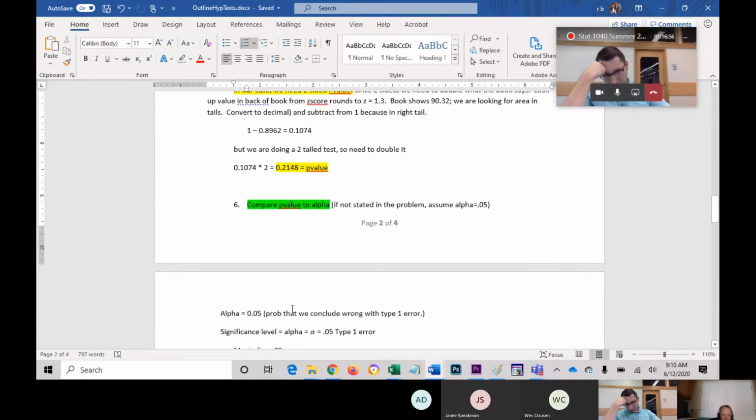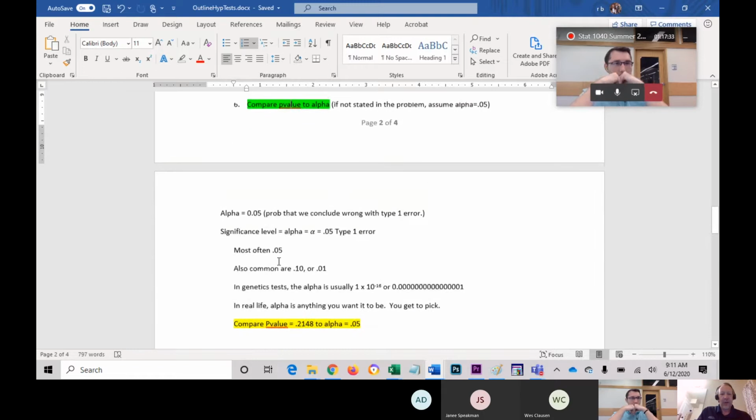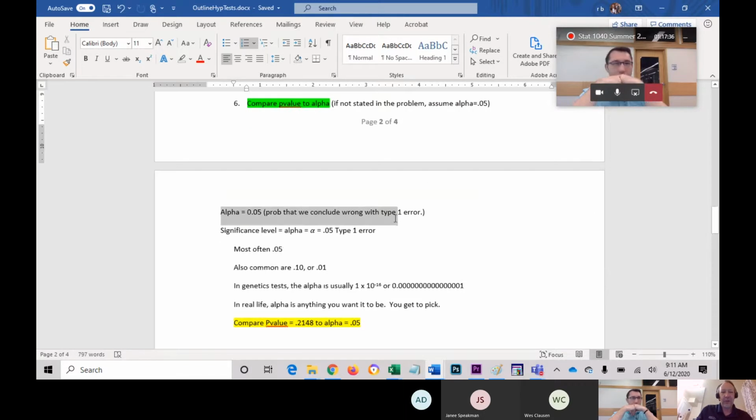So this is the phrase that pays. If your p-value is low, then you reject the H0, the null hypothesis. We're going to compare your alpha to your p-value.